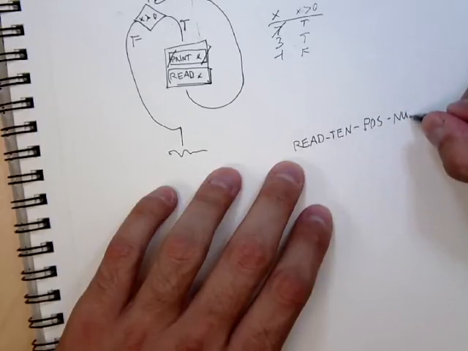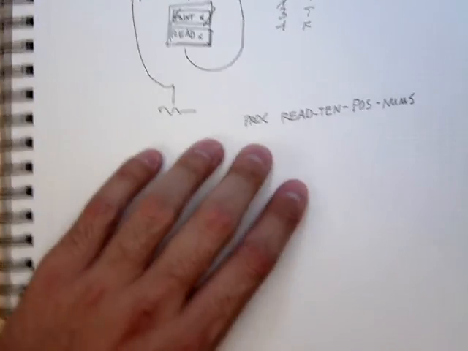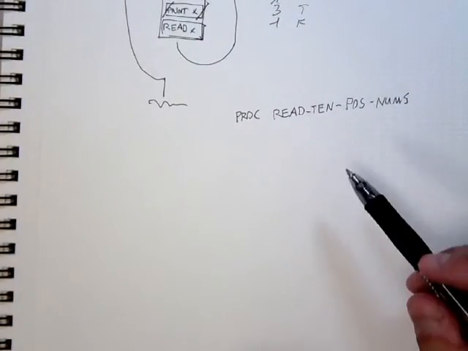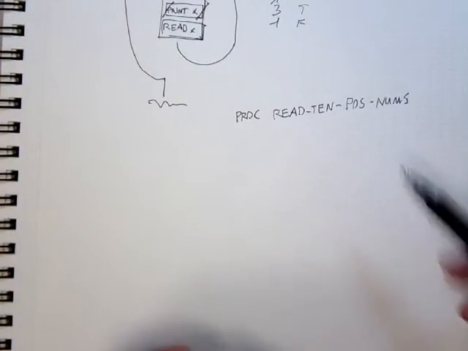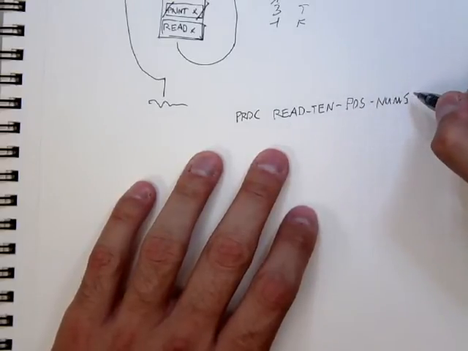I just made up a name for some procedure. Okay, so here's my procedure. Read 10 positive numbers. What's it going to do? It's going to calculate their sum, and it's going to ignore the negative numbers. All right, so I can put a little comment here.